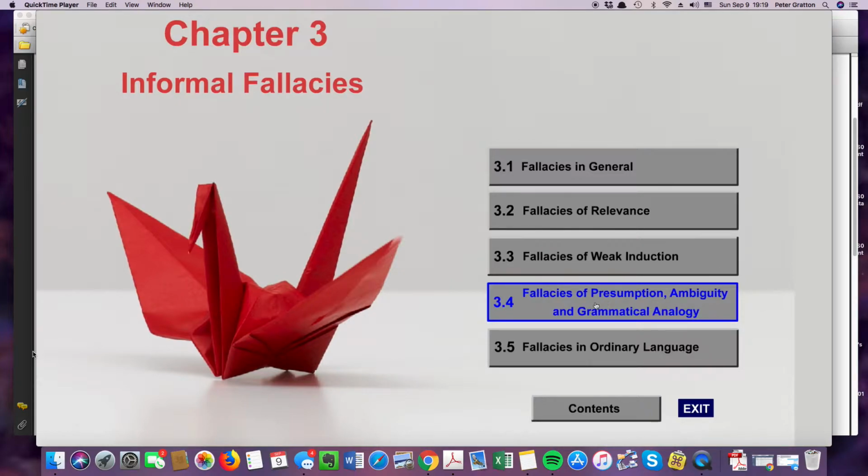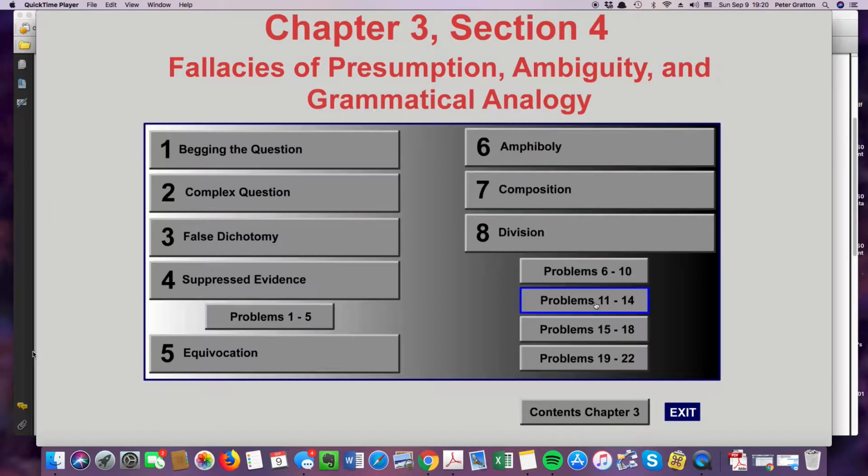But let's go to 3.4. These are fallacies of presumption, ambiguity, and so on. And these are very important. Begging the question, complex question, false dichotomy. These are terms that you will hear often, not just in logic. You'll hear that somebody's begging the question, or that something's a false dichotomy.